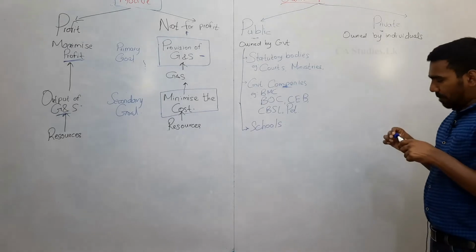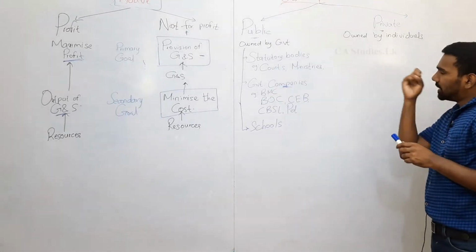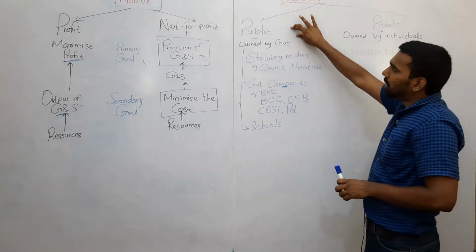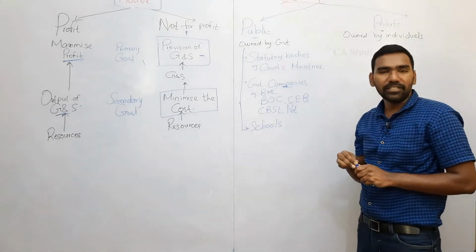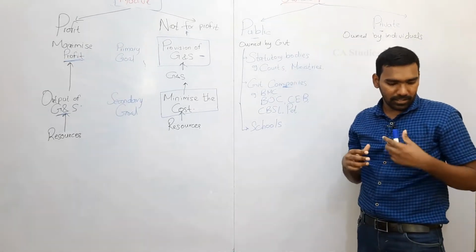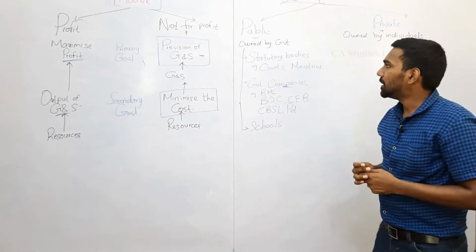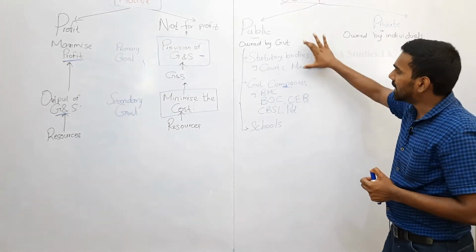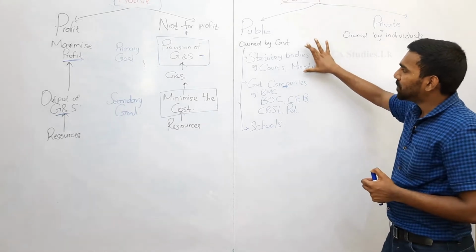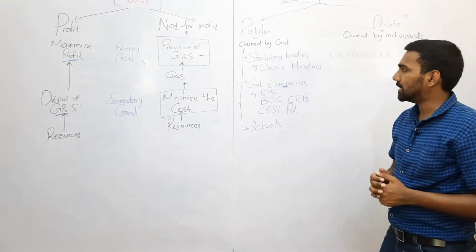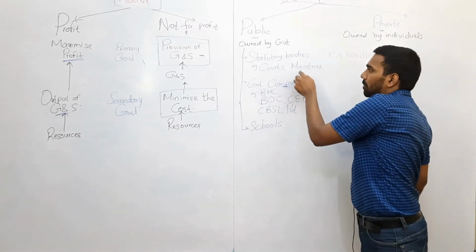So if you look at publicly owned entities, they are mostly focused on providing services to society, to the people of the country. The first type is statutory bodies, for example courts or ministries.